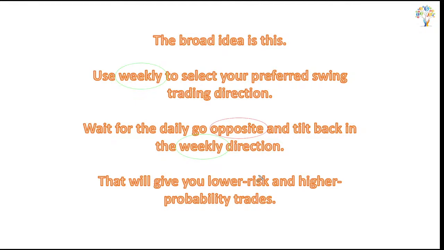Then take the bullish trend, and the opposite conditions will be applicable to a bearish trend. So use weekly to select your preferred swing trading direction, wait for the daily to go opposite and tilt back to the weekly direction. That will give you lower risk and higher probability trades.